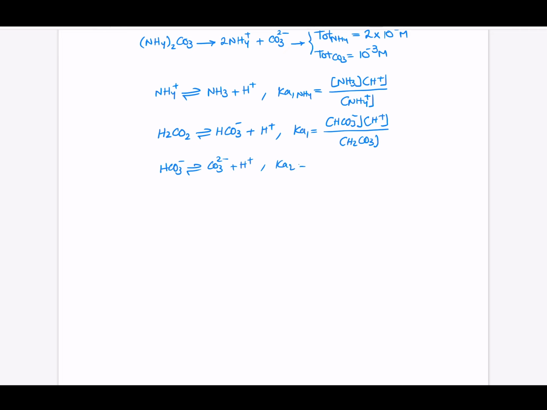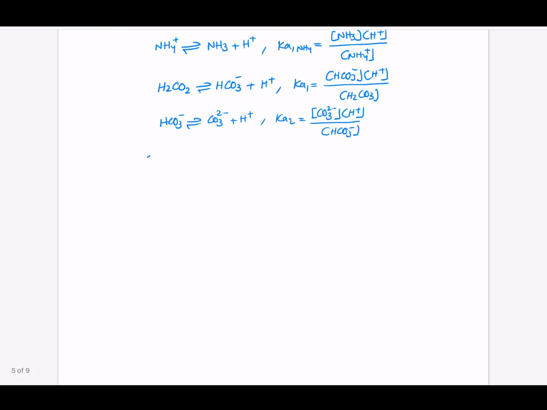Ka2, just keep in mind this Ka2 is Ka2 of the carbonate system. And the bicarbonate. So now we can write the species. We basically always have this H plus and OH minus.